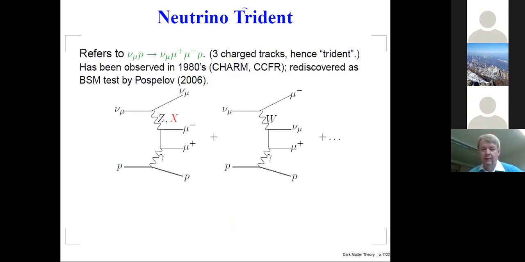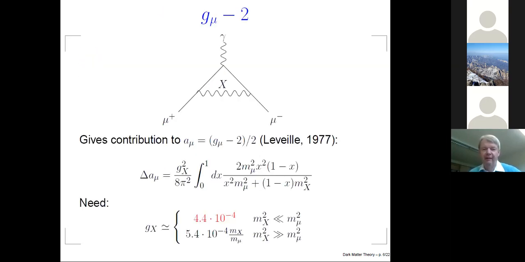Manuel, I'm sorry, can I ask you a question? Certainly. Okay, so when you consider the mass of the X boson, you need to introduce a new Higgs boson, right? To break the symmetry, yes. So do you think the new Higgs boson doesn't really contribute to this diagram, for instance? No, it does not. It cannot couple to the standard model. It's supposed to break the new symmetry, so it should be charged under the new symmetry, L mu minus L tau, yes.